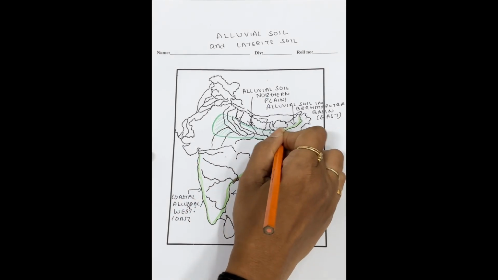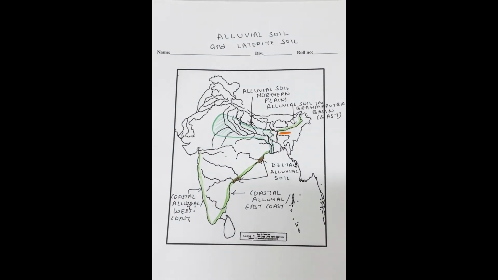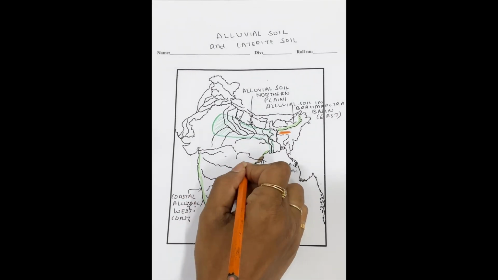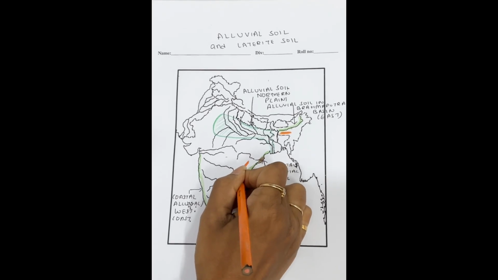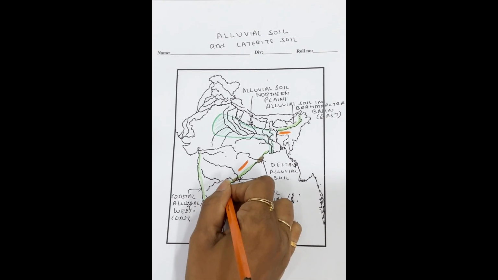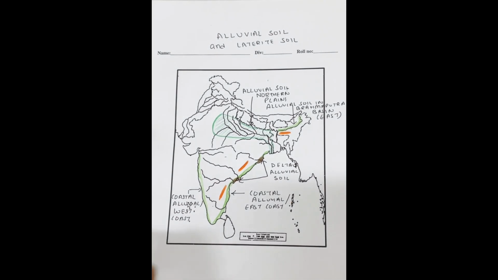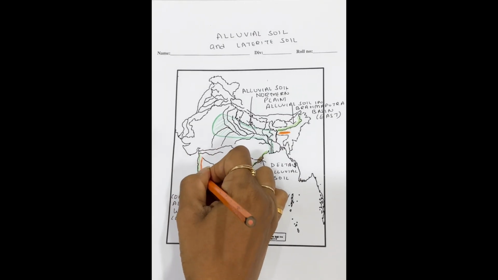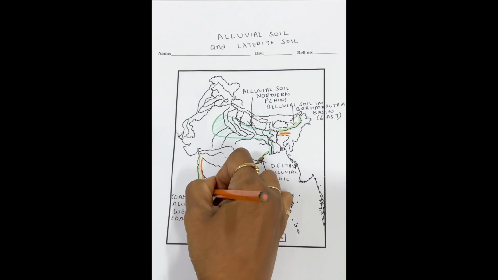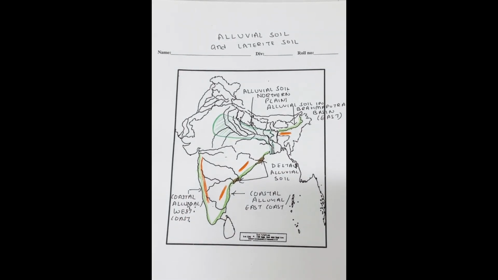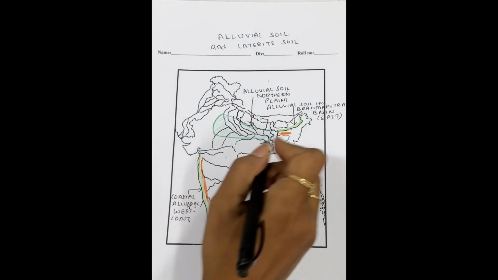Laterite soil on east is on summit of Garo Khasi Jaintia. It is also on summit of Eastern Ghat, and laterite soil is also there on summit of Western Ghat.